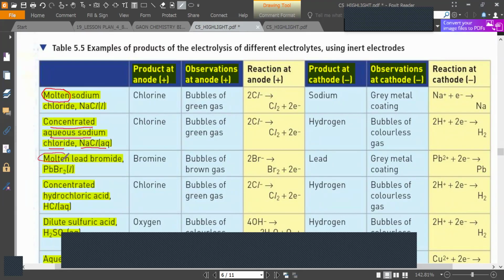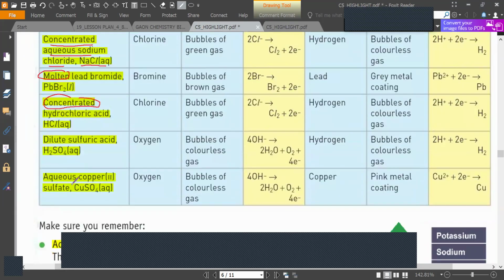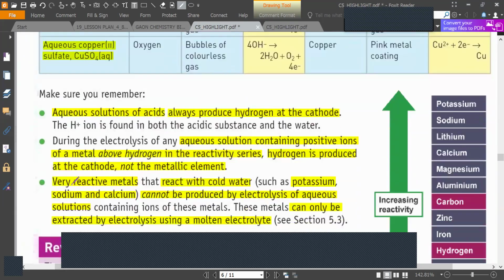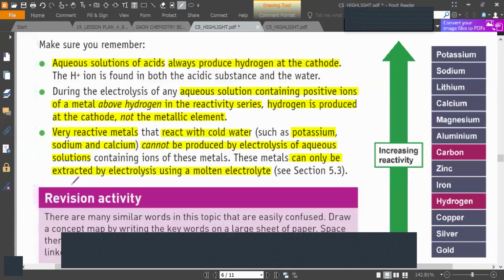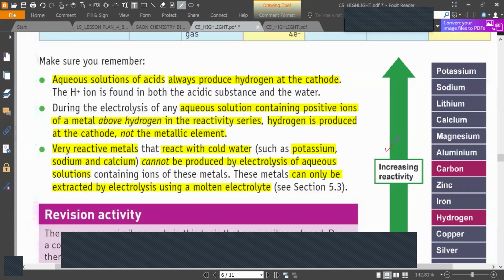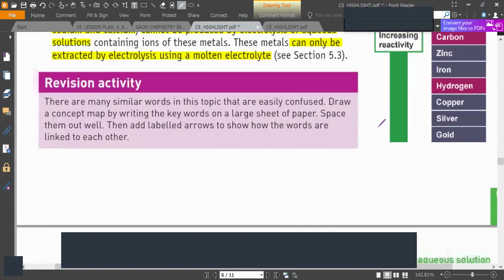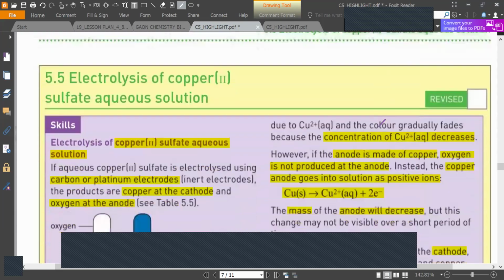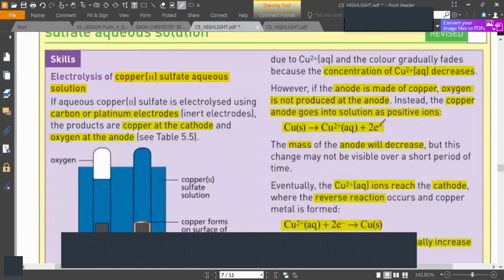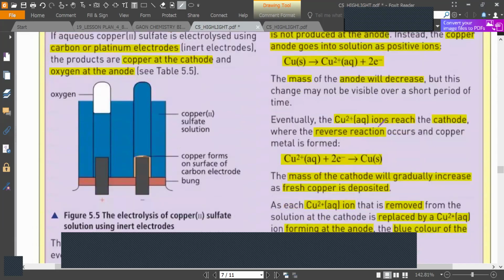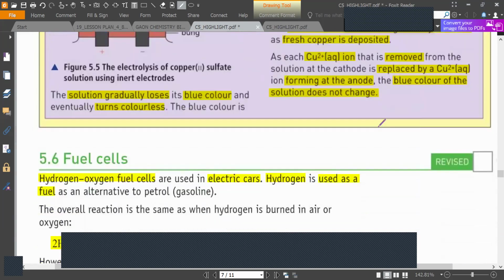We will come to this later with more examples. It will depend on the reactivity series as well, and also the concentration. If we are changing the electrode, there will be some effects as well, as we mentioned last time. Later we'll see more examples.